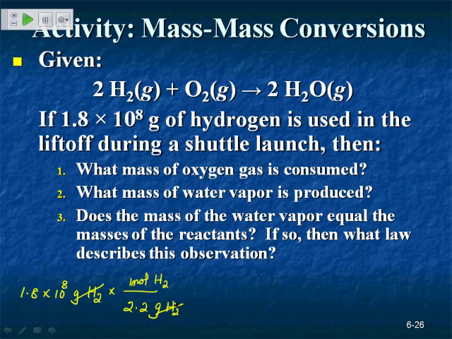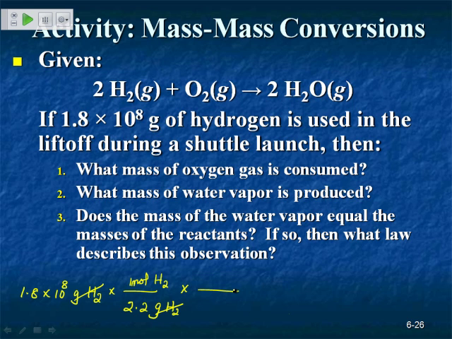Now, you don't have to finish the calculation at each step. We can set it up as one problem, but I'll walk you through each step. So this is your first step. Now you are standing at moles of H2, and now we will use the mole ratio. You need to figure out how many moles of oxygen you require. What is the mole ratio I need to use here?